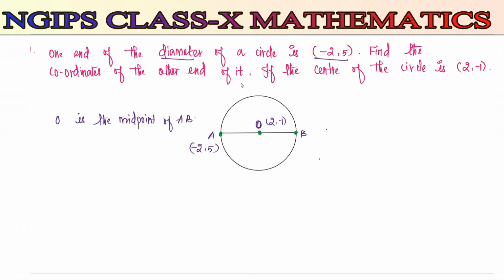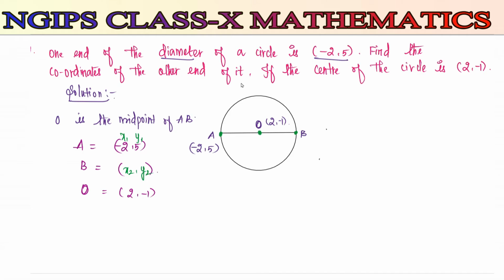I'm going to write here the solution. Next, they have given A is equal to (-2, 5), and we have B, which is unknown. They have given O as (2, -1). Usually we will take point A as (x1, y1), and the other end point as (x2, y2), and the point which divides AB is the midpoint.